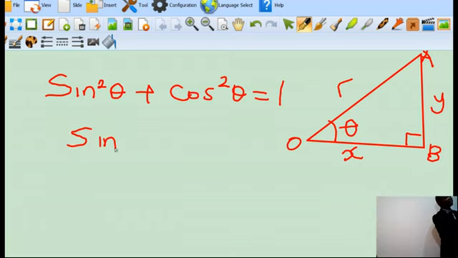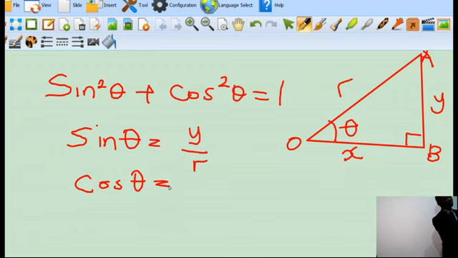Sin theta is equal to opposite over hypotenuse, which is y over r, whereas cos theta is equal to adjacent, which is x, over hypotenuse, which is r.